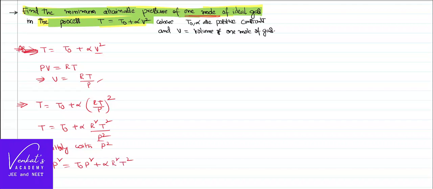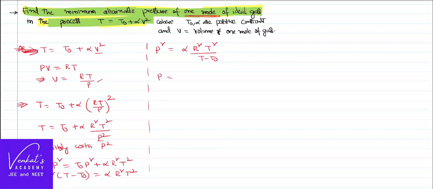If I take P square common, P square (T minus T naught) equal to alpha R square T square. We can simplify this equation further and write P square as alpha R square T square by (T minus T naught). Let's take a square root on both sides.